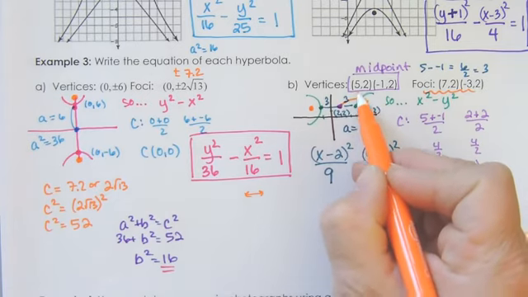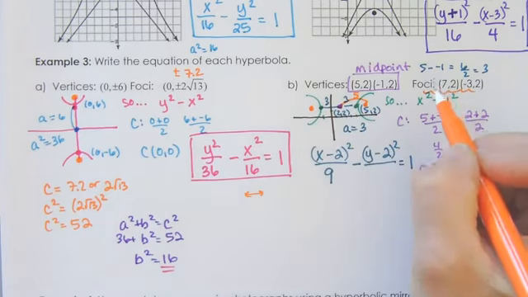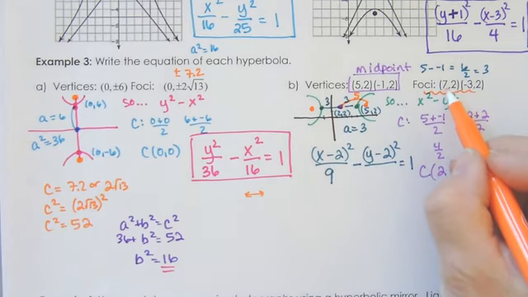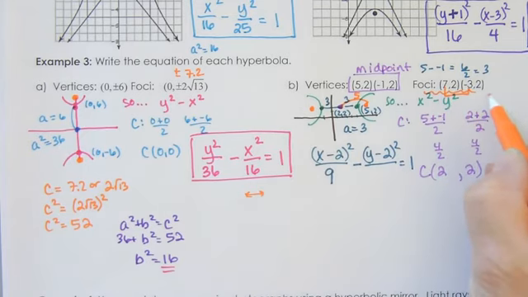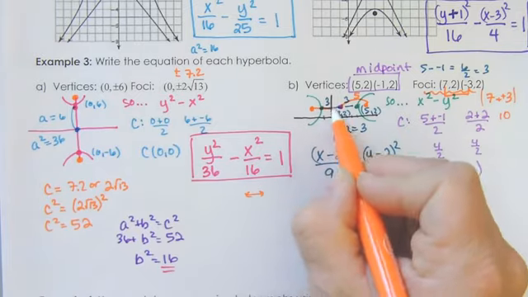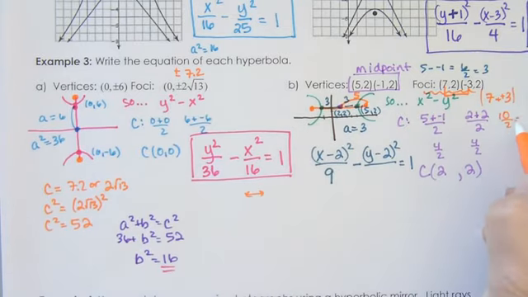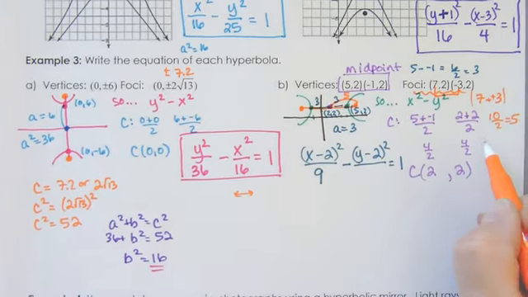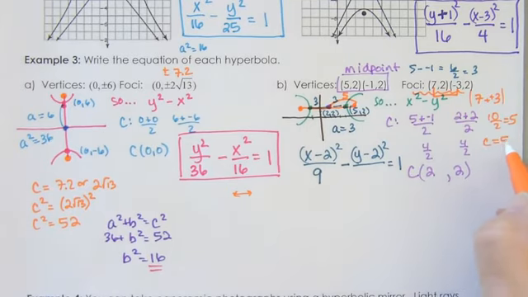And again, you could get that by counting on the graph, or find the distance between the numbers that are different. So the distance between 7 and negative 3, it's usually absolute value there, is 10. So this whole axis here is 10. Half of that would be 5. C is equal to 5, which means c squared is 25.